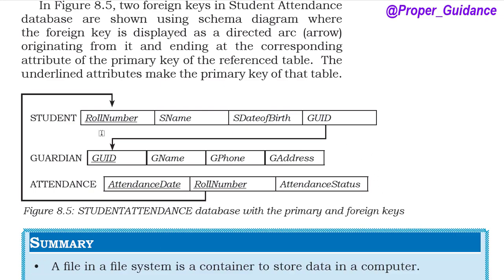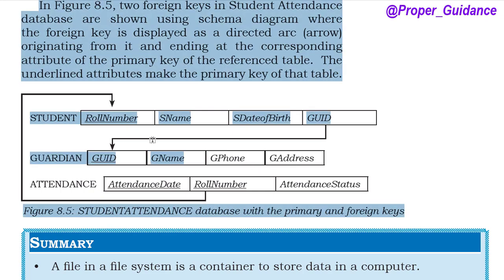Look here, for the student table, here is roll number, S name, date of birth and GUID. In guardian, GUID, G name, G phone and G address. Now look here, from GUID there is an arrow, and it means that this is the reference key. This is the primary key.